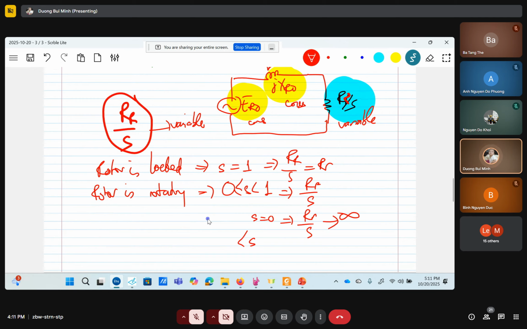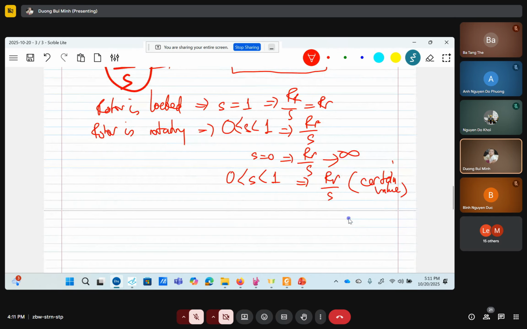If S is higher than 0 and less than 1, RR over S has some certain value, but RR over S should be higher than RR because S is less than 1.